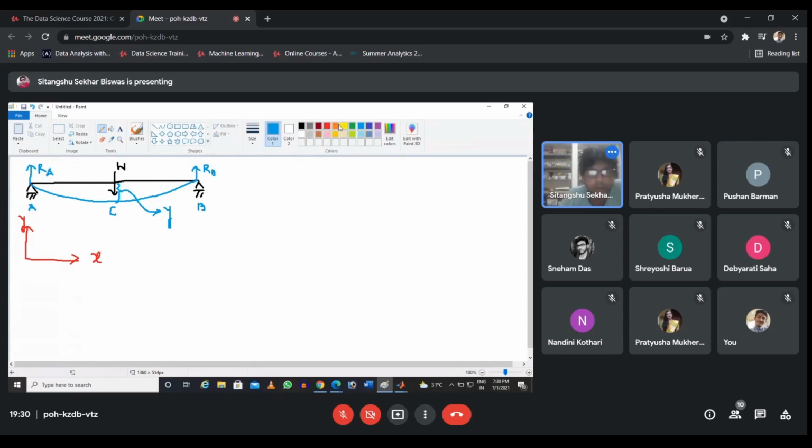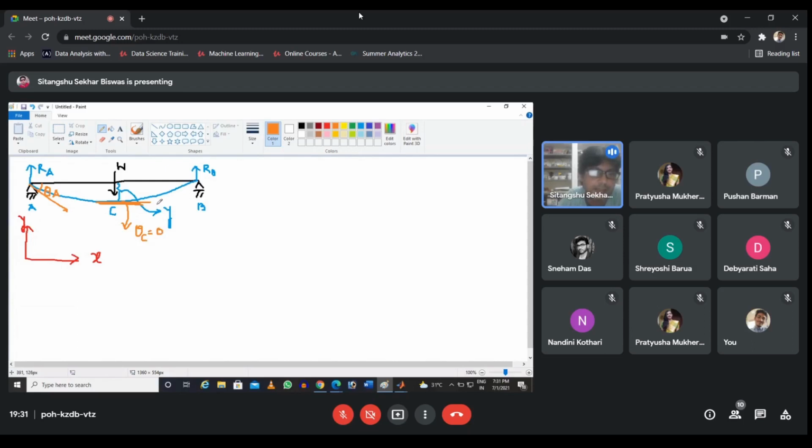Let us specify the angle here: this angle is theta A, and at the middle, theta C, that is basically 0.